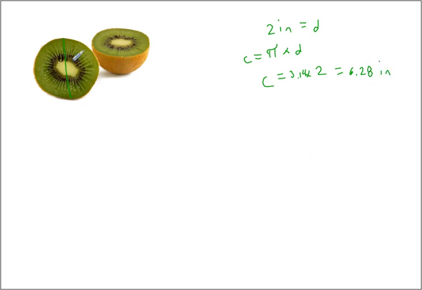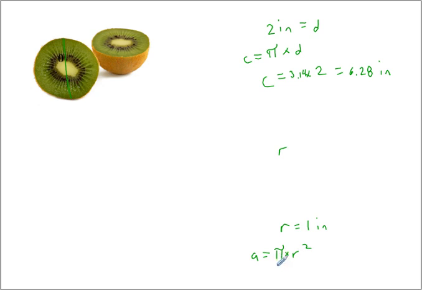Now, if I wanted to figure out the area of the face of this, the diameter is 2 inches. That means the radius is equal to what? Well, it's not equal to 2 inches. The radius is going to be equal to 1 inch. So the area is going to be equal to pi times r squared.